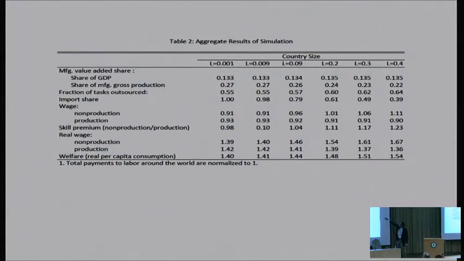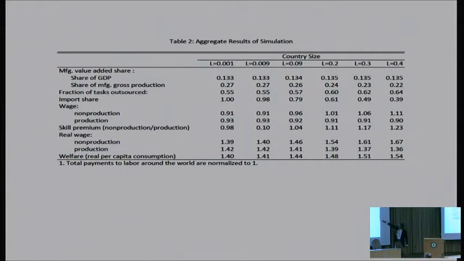In these countries of different sizes as determined by their labor force, going from 0.001 up to 0.4, we get a share of manufacturing value in GDP of about 13%, similar to the US economy. The next line shows us value added as a share of manufacturing gross production. And there we're getting numbers like 20 to 25%, meaning the remaining 75% share is intermediate.